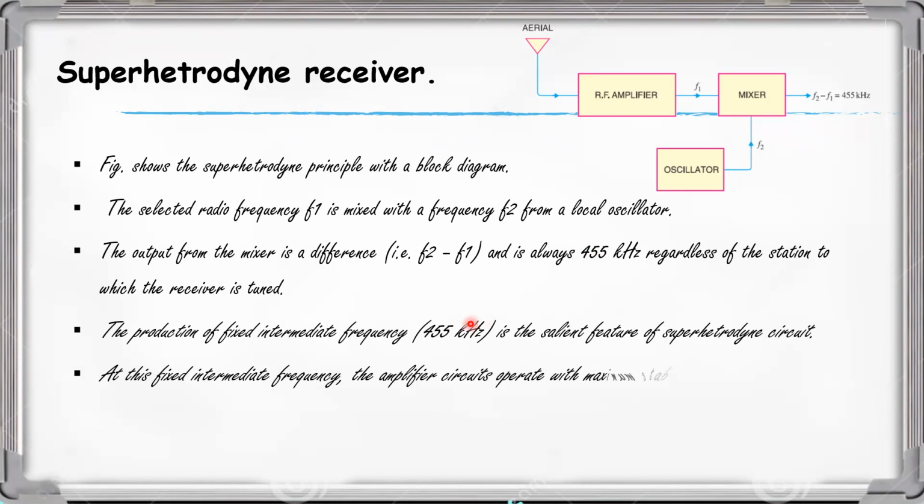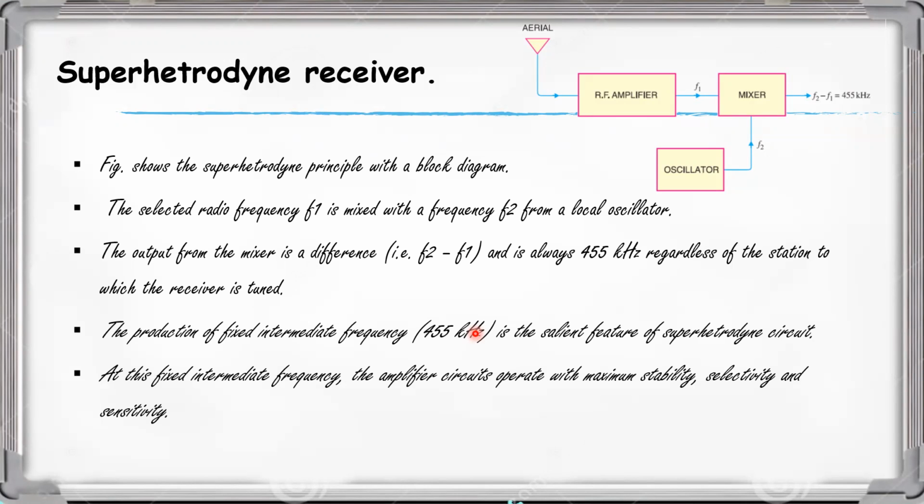As the intermediate frequency of 455 kilohertz is kept constant, we can use an intermediate frequency amplifier to amplify this particular frequency.